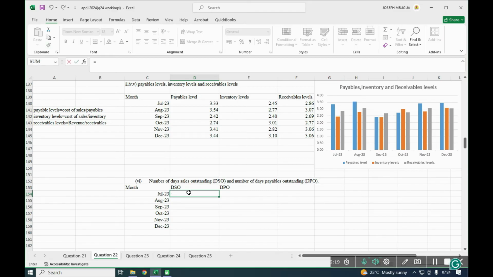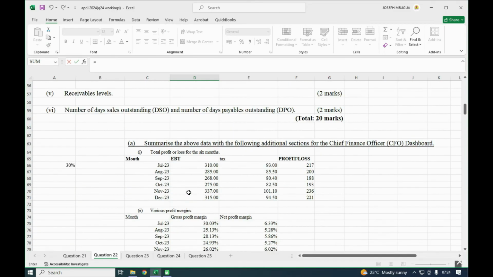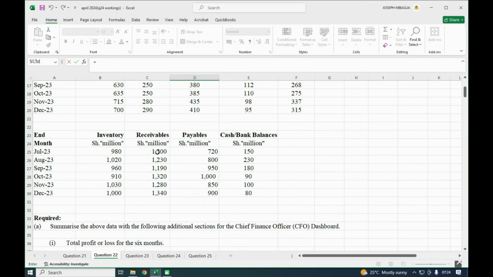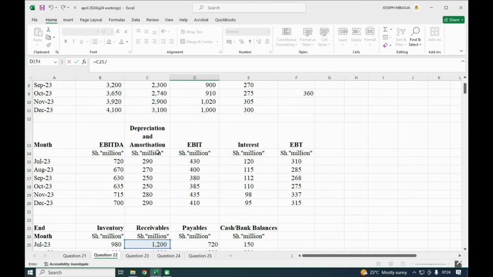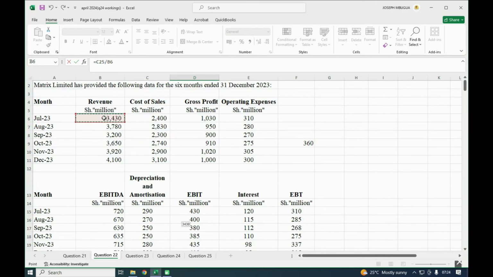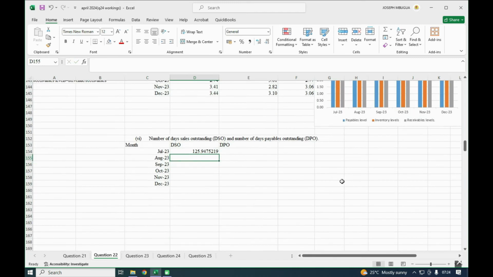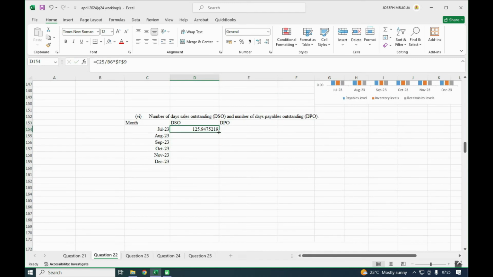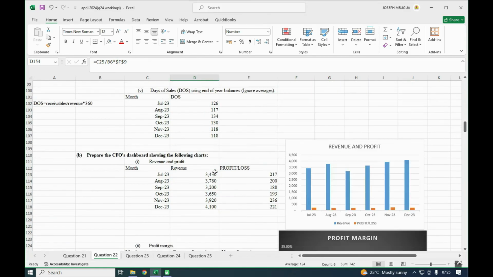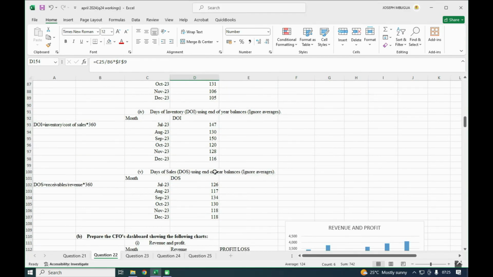It will use the same receivable over revenue. You can copy directly, or you just take receivable over revenue and you multiply by the 360, which you are locking, and you just put it to 0 decimal places. You'll find that 126, they will be the same days.